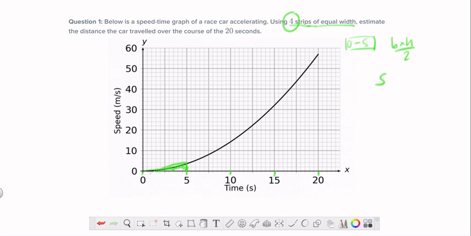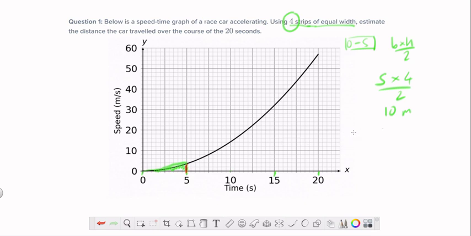The height of that triangle looks like it's 4, and then divide by 2. 5 times 4 is 20, 20 divided by 2 is 10. So the green triangle is 10. So you can say when the car traveled between 0 and 5 seconds, it traveled only 10 meters.